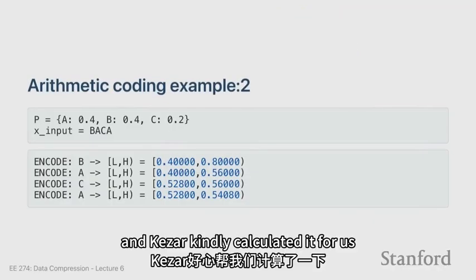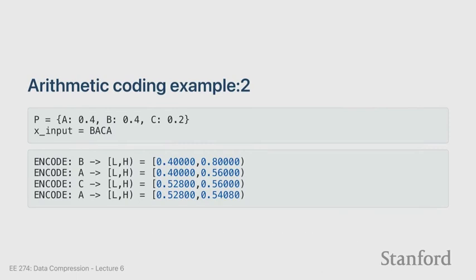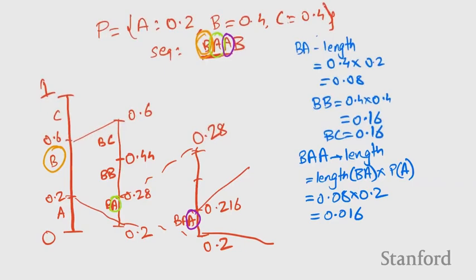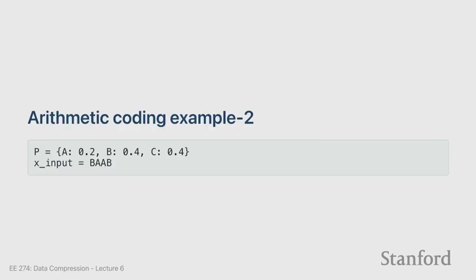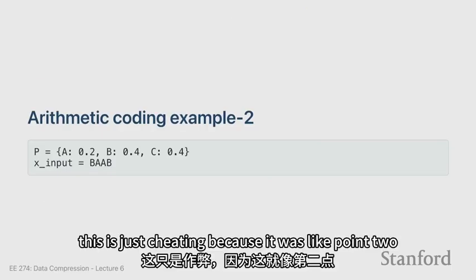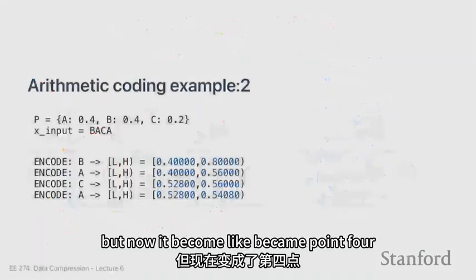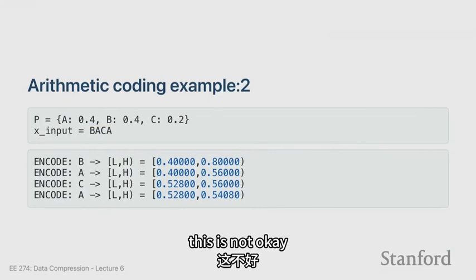Okay, and Kedar kindly calculated it for us, where, sorry, this is just cheating because it was like 0.2, 0.4, 0.4 here, but now it became 0.4, 0.4, 0.2. This is not okay.